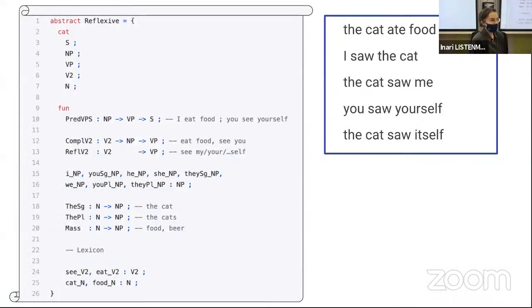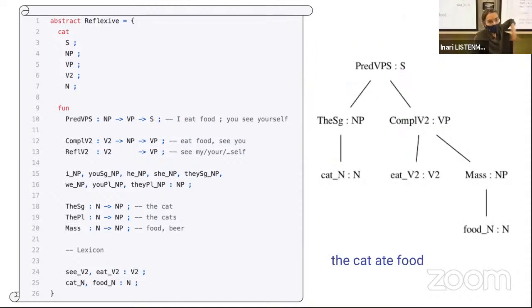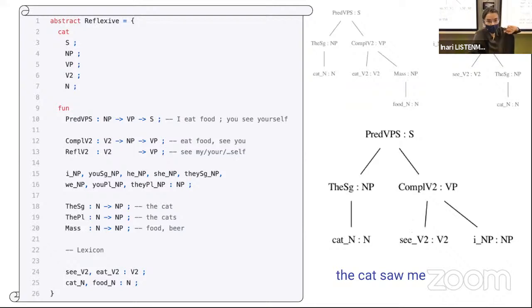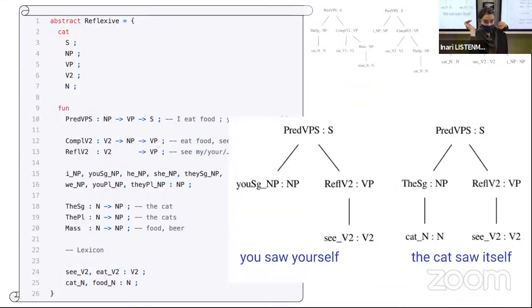I have already written the GF grammar. I think it's pretty much the same one that we wrote on Wednesday, but I just removed everything that was unrelated to reflexives. I might have changed some names. As expected, we parse the cat ate food, I saw the cat, the cat saw me, you saw yourself, the cat saw itself.